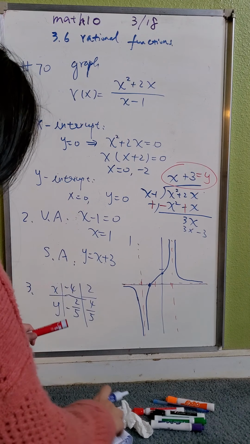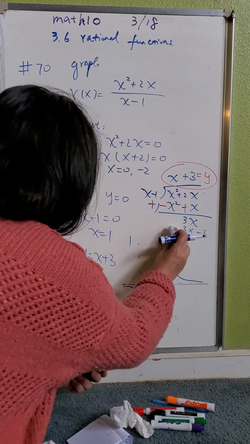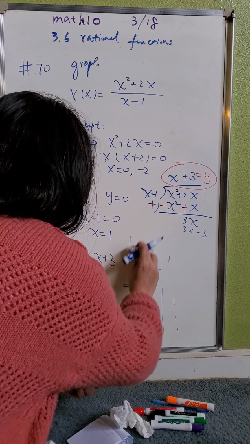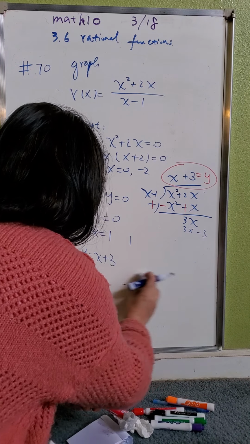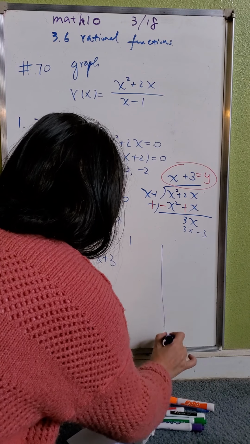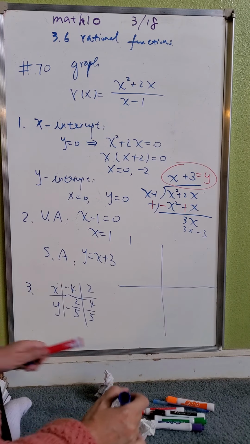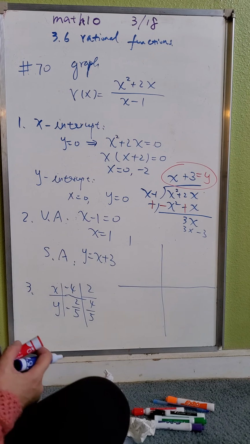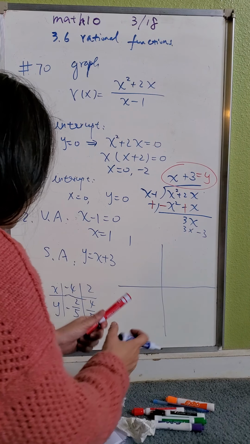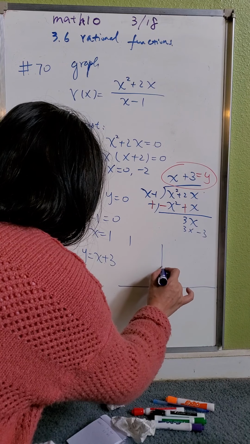Now I'm going to graph. Well, I graph y equals x plus 3 first. That's the hardest one to graph. So that would be x, you go to 1, 2, 3.